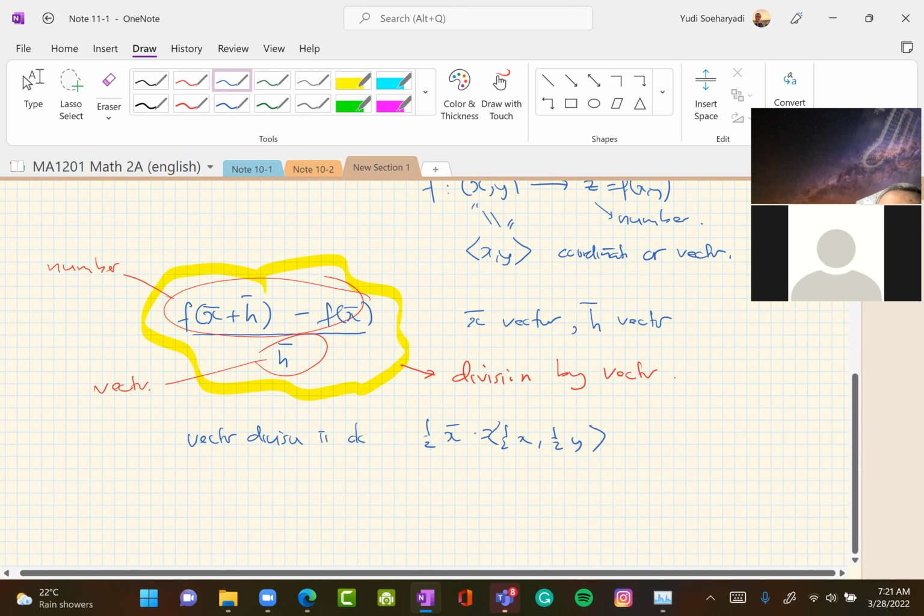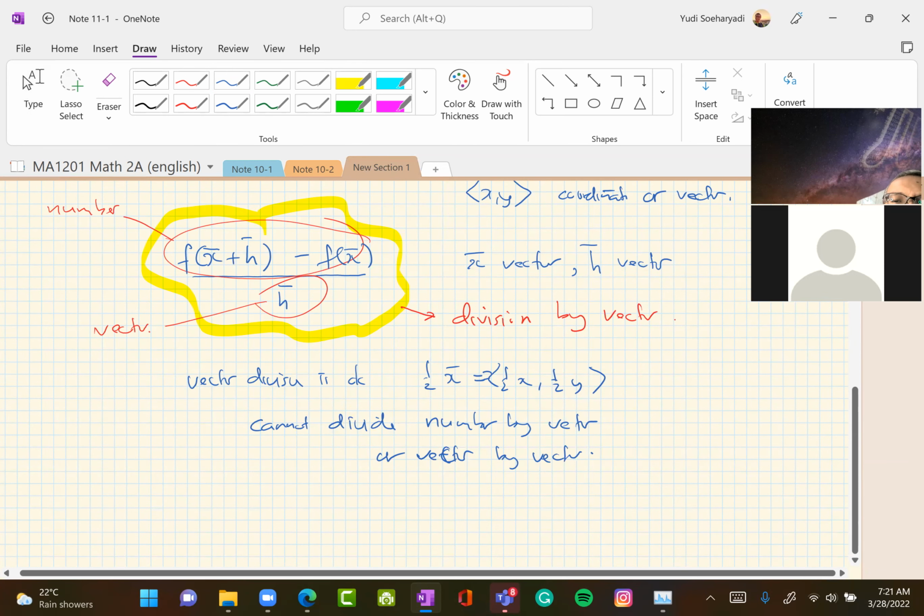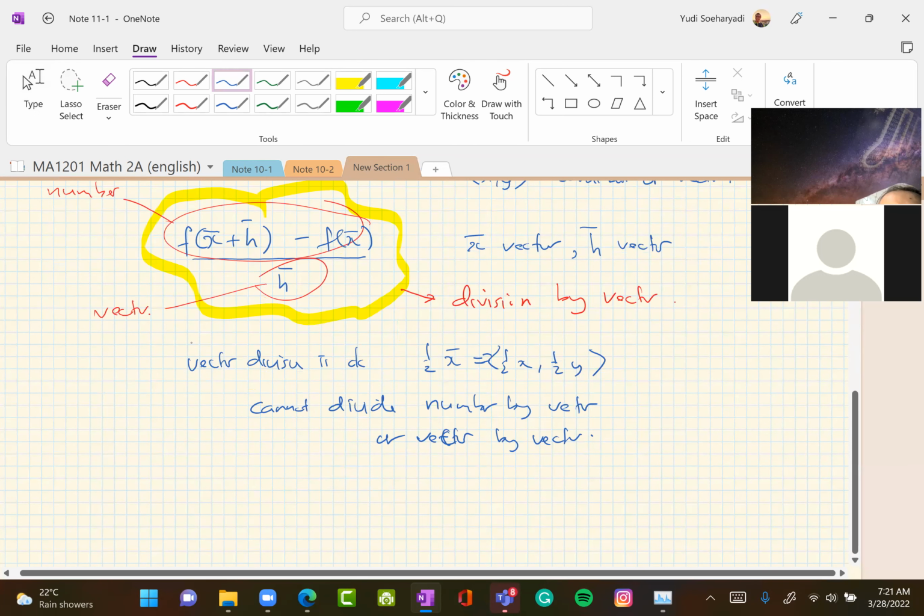Simple. But you cannot divide a number by a vector, or a vector by a vector. So our attempt to copy this definition failed.